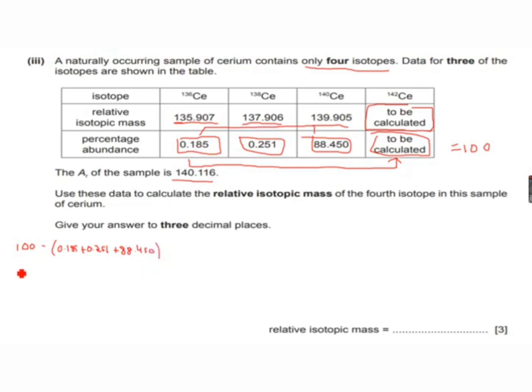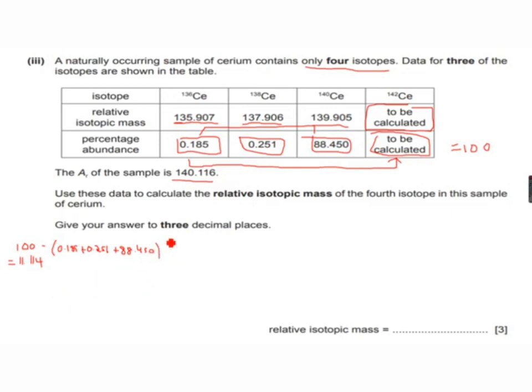Okay, so when I subtract this, let me use my calculator, 0.185 plus 0.251 plus 88.450, I get 88.886, and 100 minus answer gives me 11.114. So this is the percentage abundance of Ce-142.